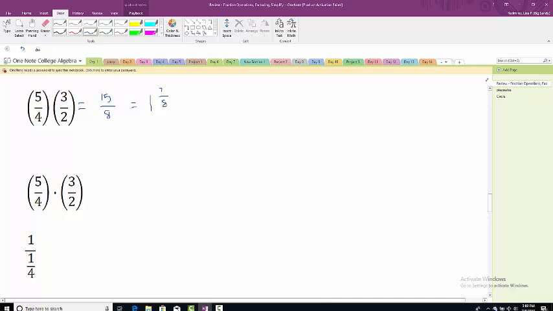In this case, the decimal would be 1.875. Okay, another way, like I said, you could have the dot in between them, but that's the same number. I just wanted to show you that that still means to multiply, so that's 15 over 8.